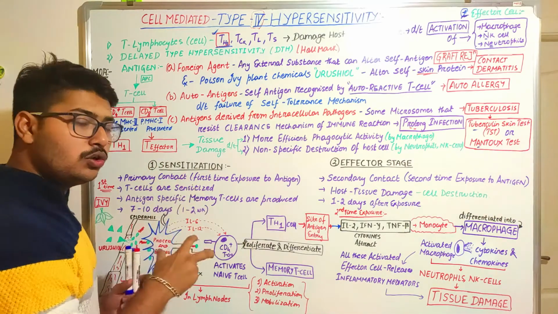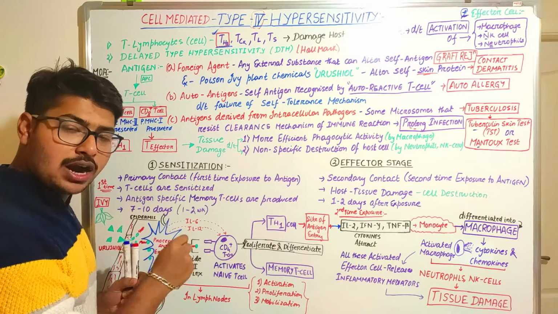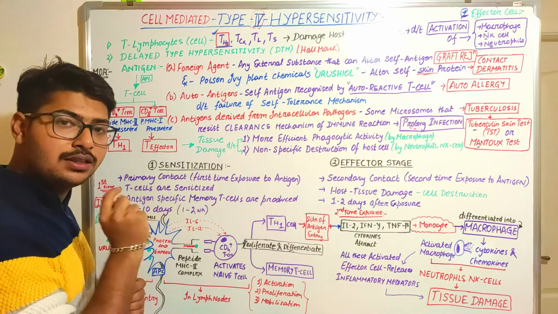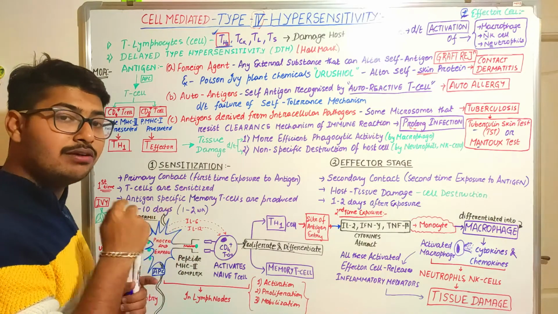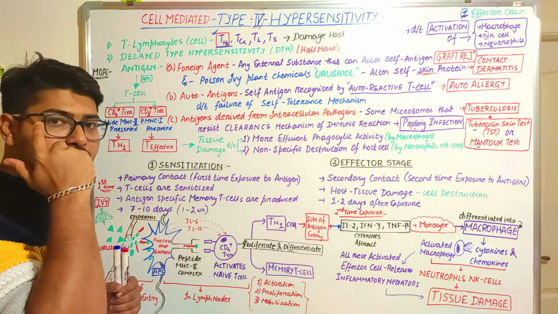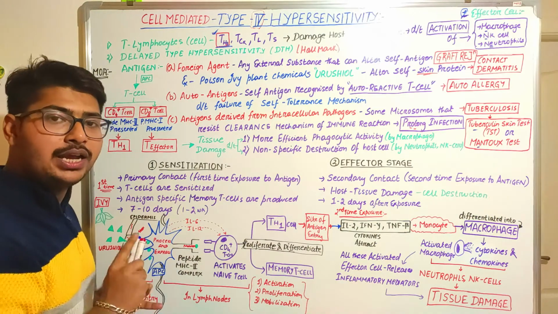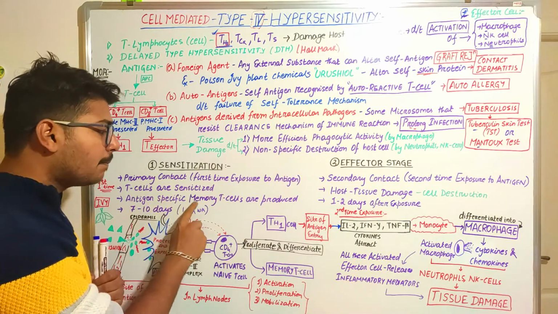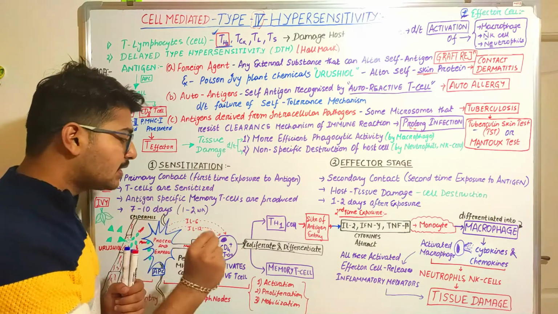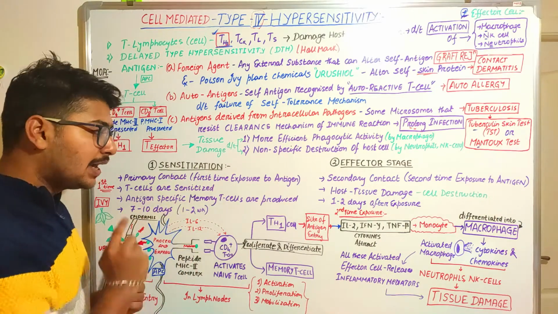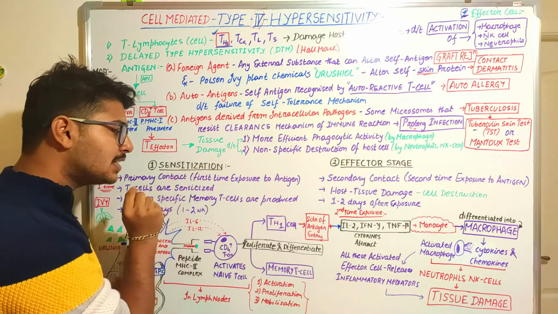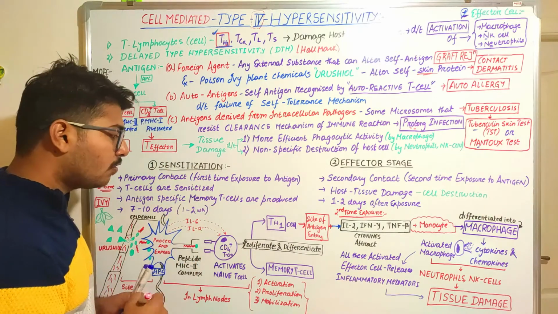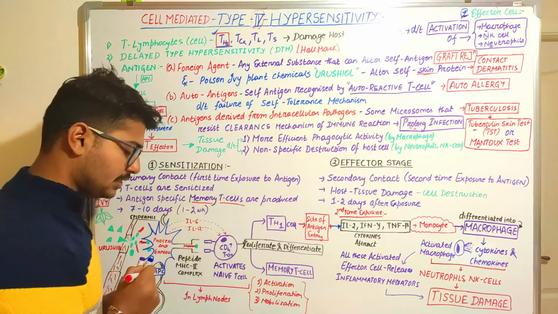After the recognition process, they will try to memorize that by proliferating and forming memory T cells, or antigen specific memory T cells. That is the reason why in the sensitization phase there will be production of these memory T cells.